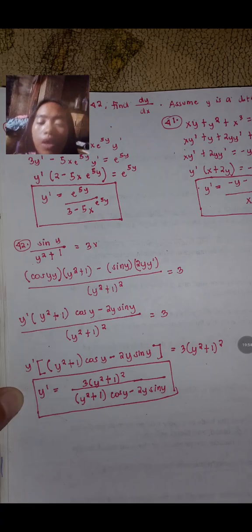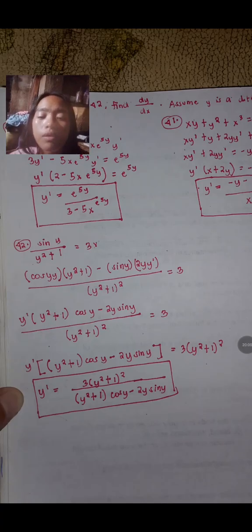So y prime times the quantity of y squared plus 1 times cos y minus 2y sin y over the quantity of y squared plus 1 raised to 2 is equal to 3.